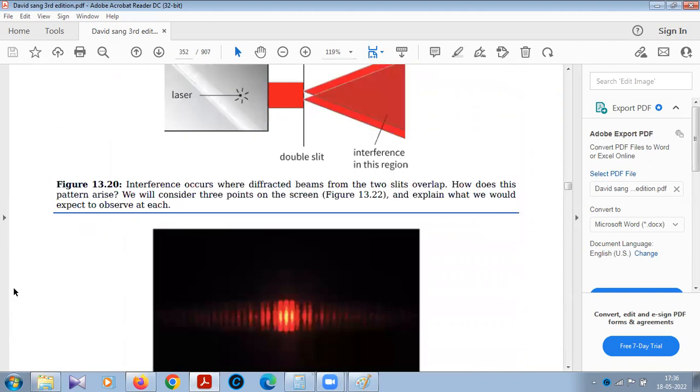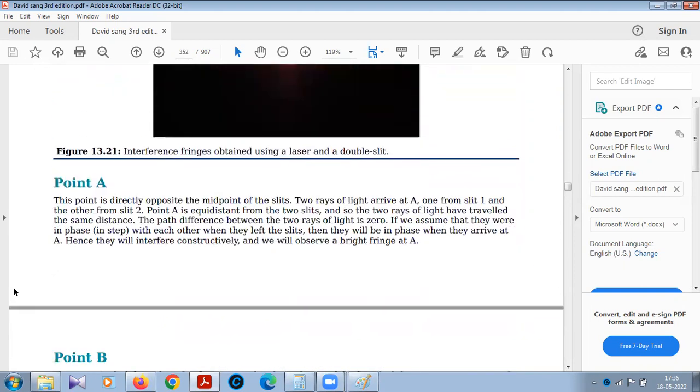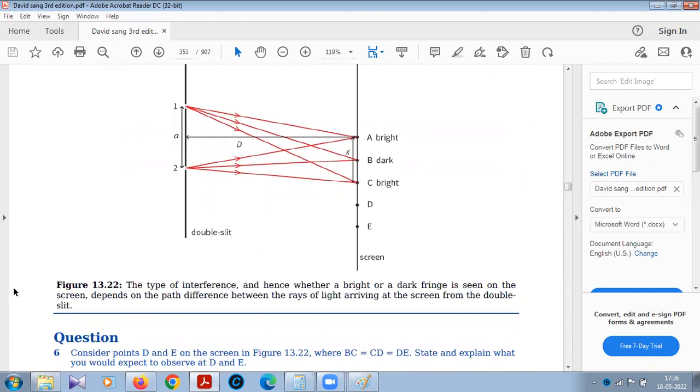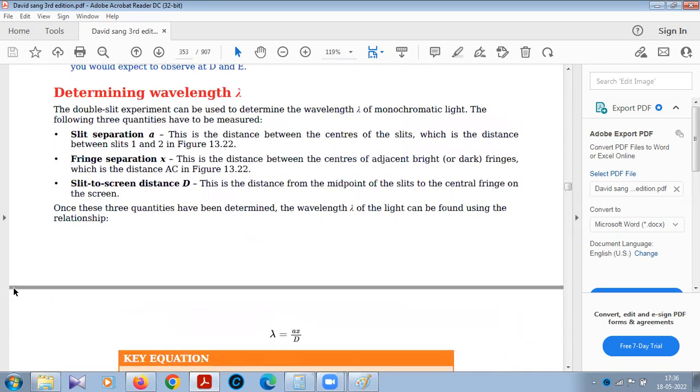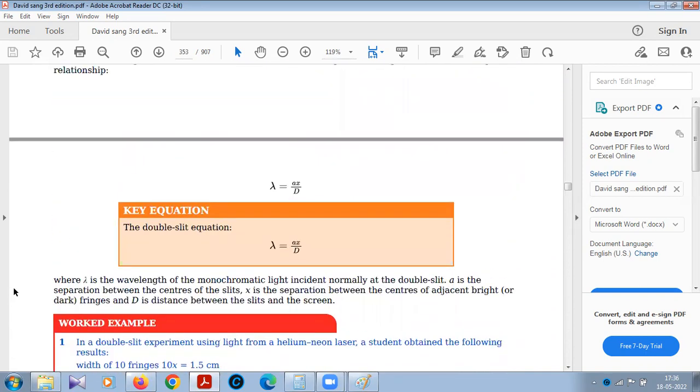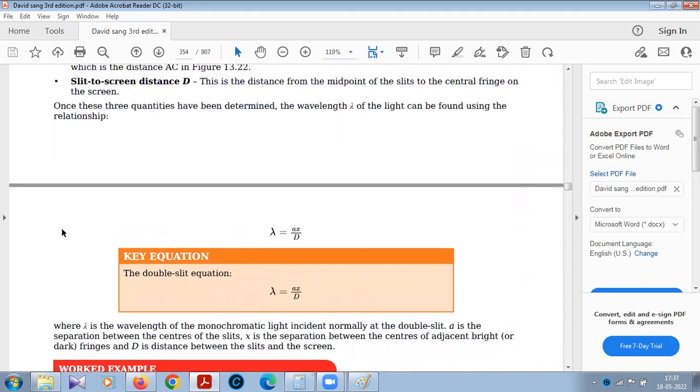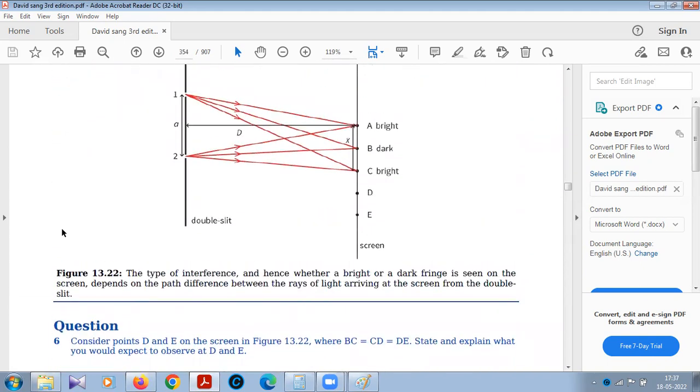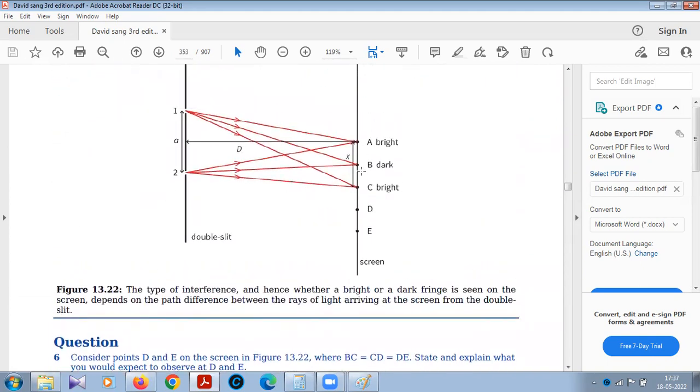So this is the Young's double slit experiment. This is the relation: lambda is equal to ax upon d. Lambda is the wavelength of the light that you are using. D is the distance between the slit and the screen. A is the slit width.